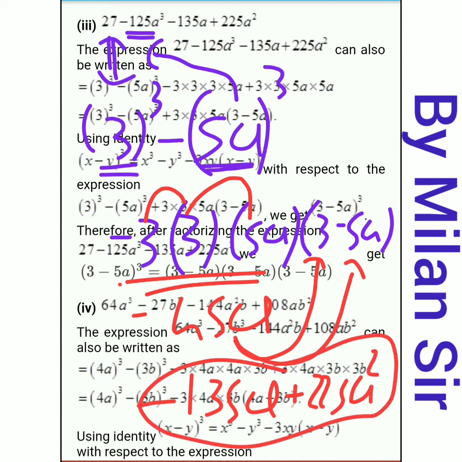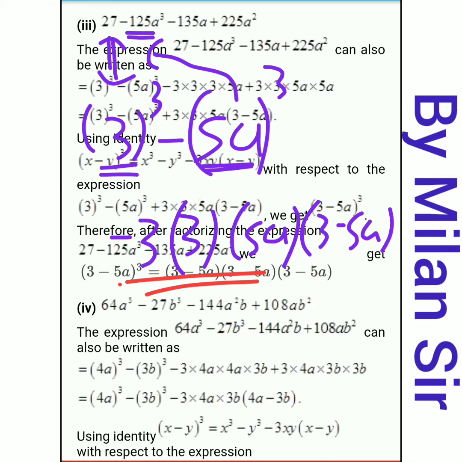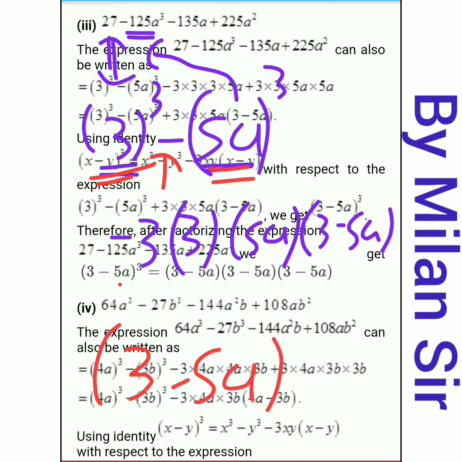So these two terms we have in the answer, so our step is correct. Now we can directly write the answer. Our first bracket 3, negative sign, and second bracket 5a, all cube. So our answer is 3 minus 5a all cube.